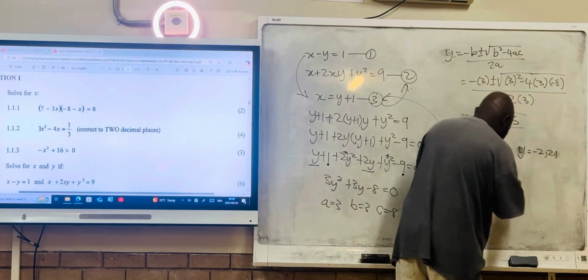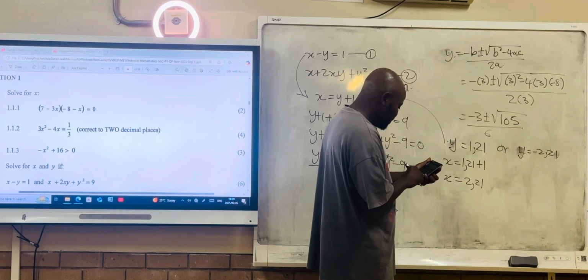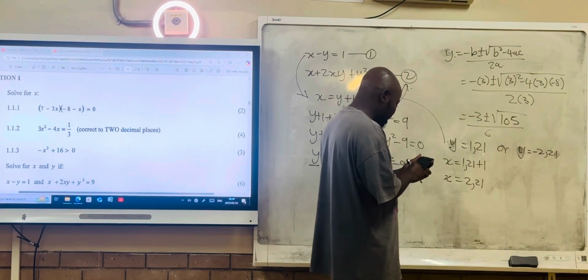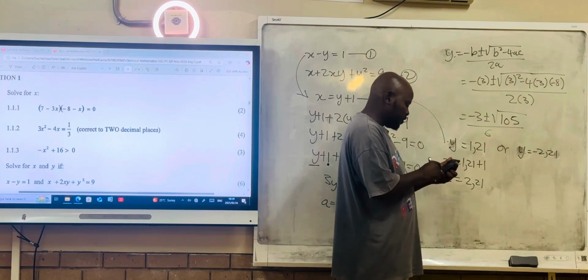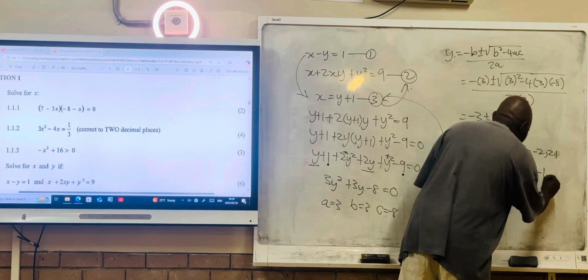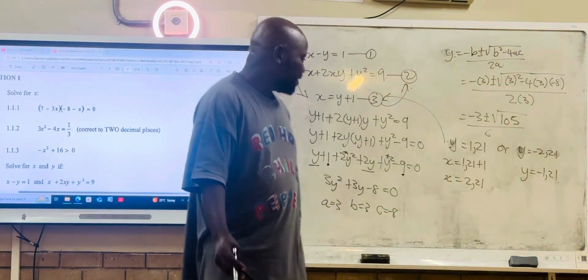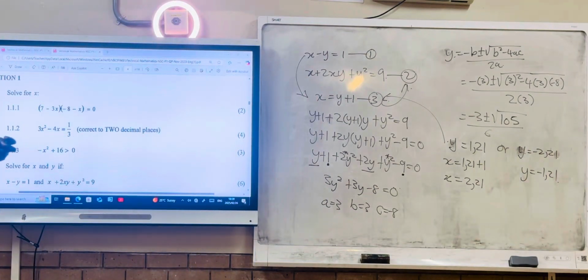Then this side we are going to have negative 2,21 minus 1 or plus 1, which is 1,21, or y will be equal to negative 1,21. That will be our simultaneous equation.